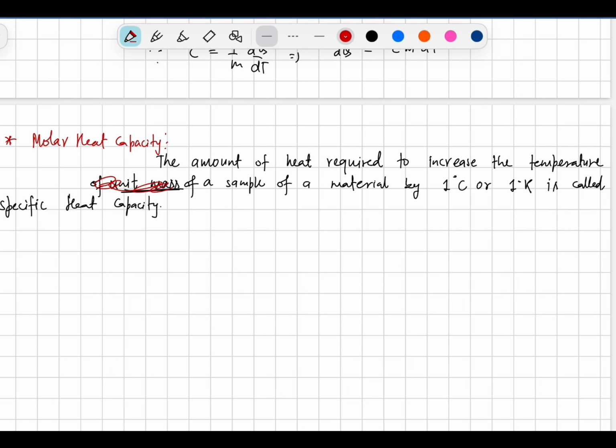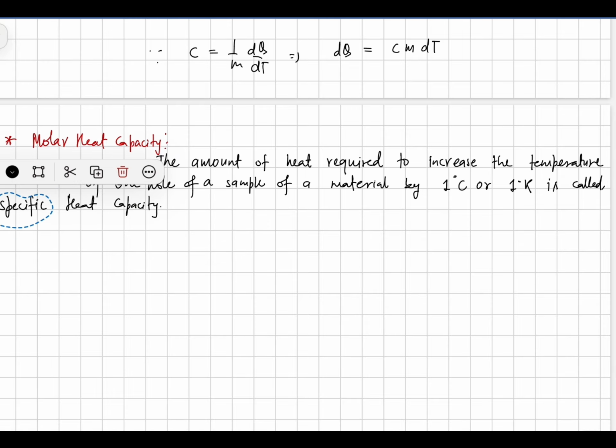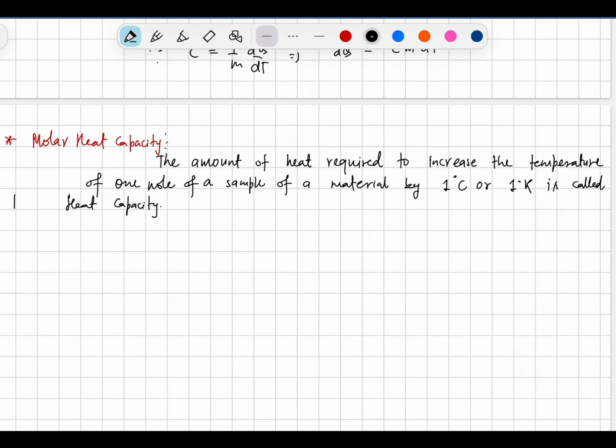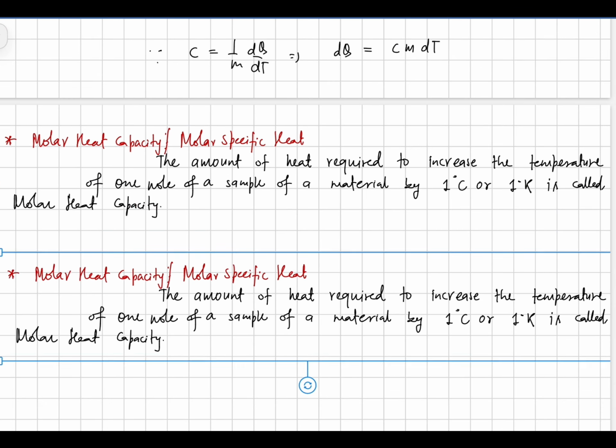But read this: the amount of heat required to increase the temperature of 1 mole of the sample of the material is called molar heat capacity or molar specific heat. Some other names can be used.